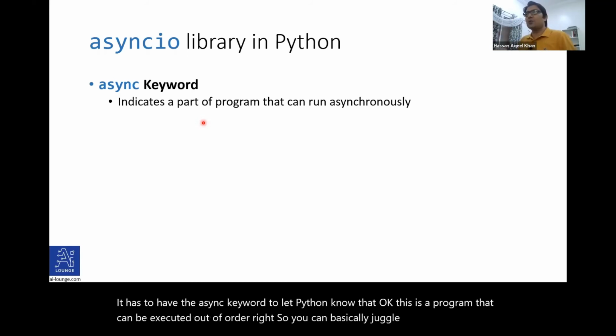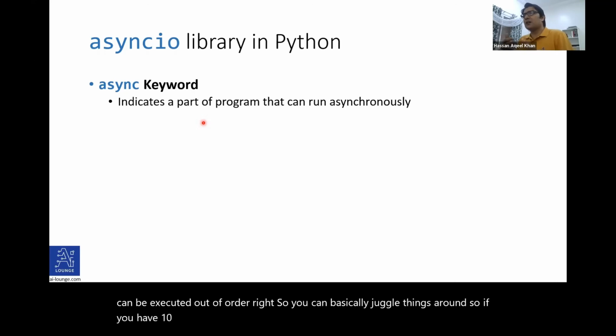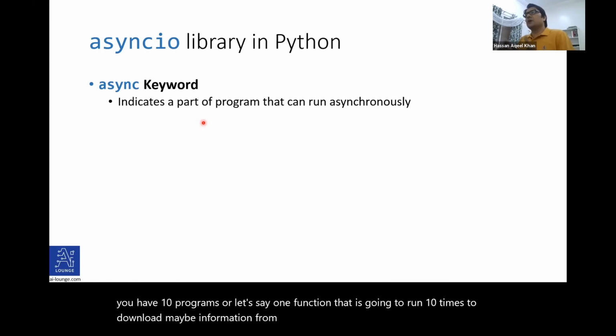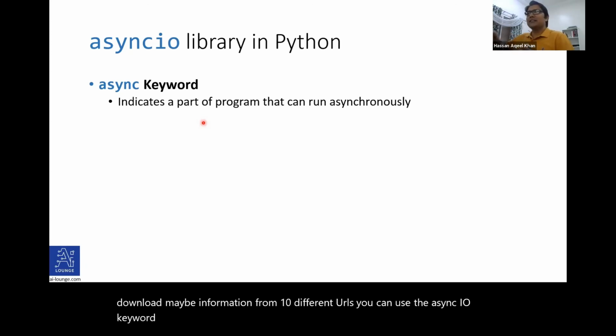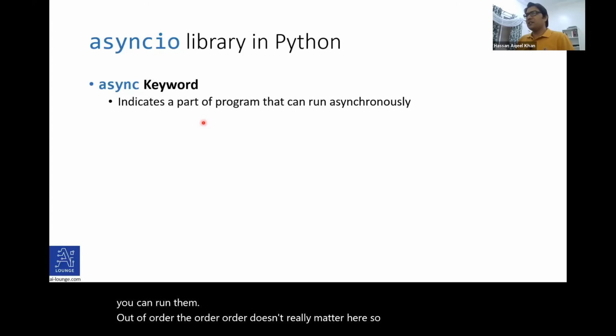If you have one function that is going to run 10 times to download information from 10 different URLs, you can use the async IO keyword to let Python know that you can run this function 10 times and run them out of order. The order doesn't really matter here. So that's one of the key differences.